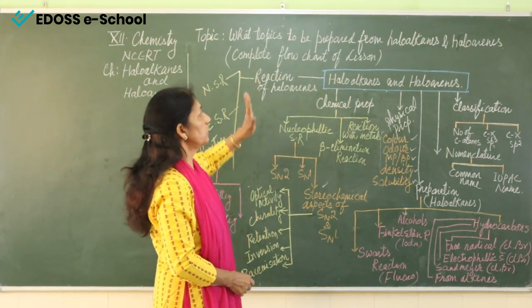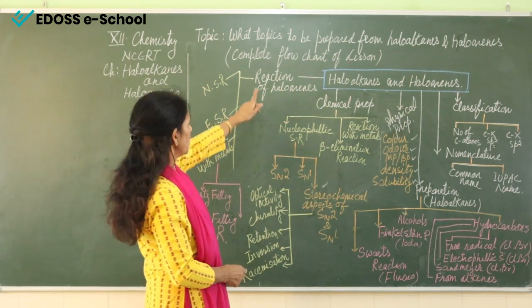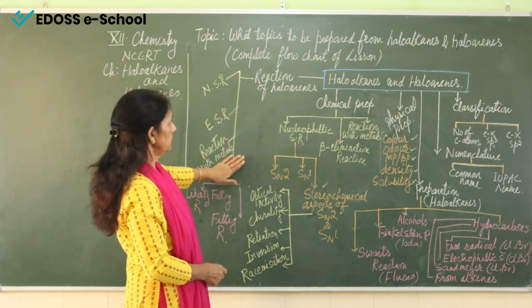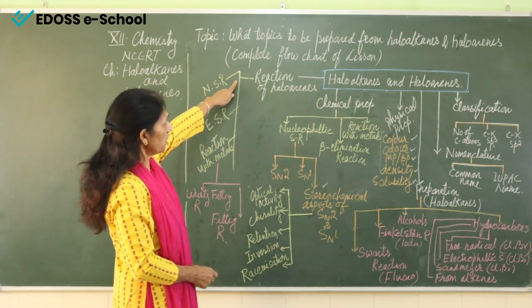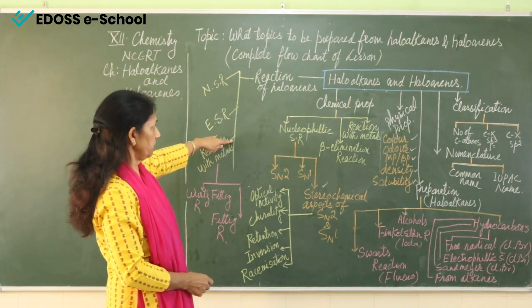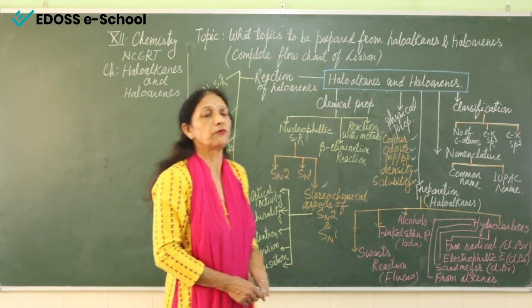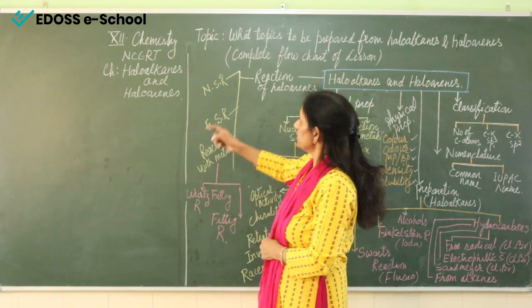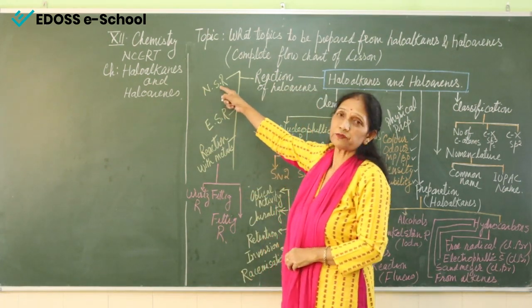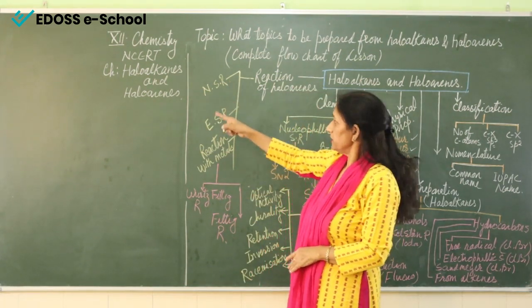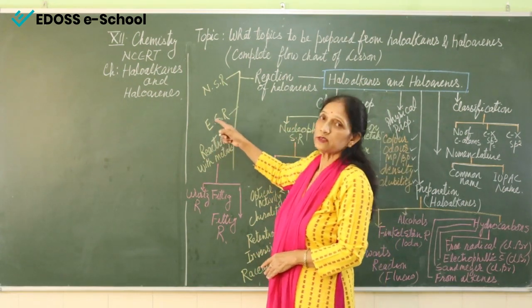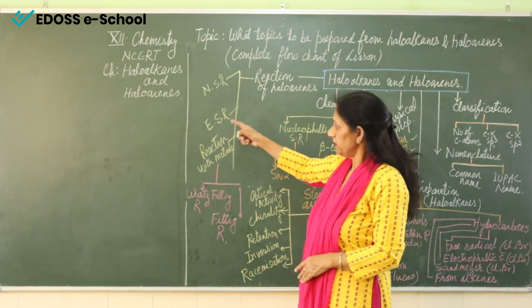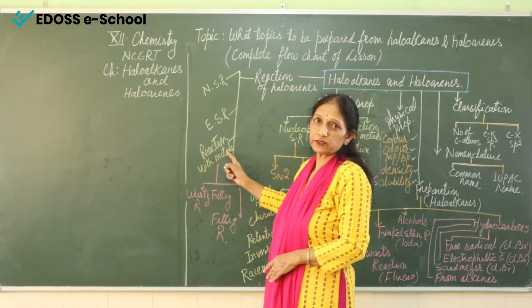Now coming to reactions of haloarenes. You can see here again these are 1, 2, 3. 3 types of reactions you have to study for haloarenes. First is nucleophilic substitution reaction. Second is electrophilic substitution reaction, and third is reaction with metals.